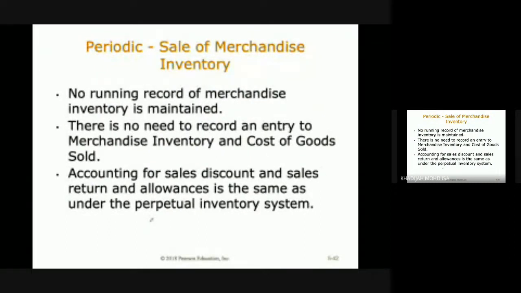Under periodic, no running record of merchandise inventory is maintained. Whenever you purchase, you debit your purchases account, so there is no need to record an entry to inventory. You don't have an inventory account, and you do not have a cost of goods sold account under periodic. To know whether a company has a perpetual or periodic system, look at the trial balance.